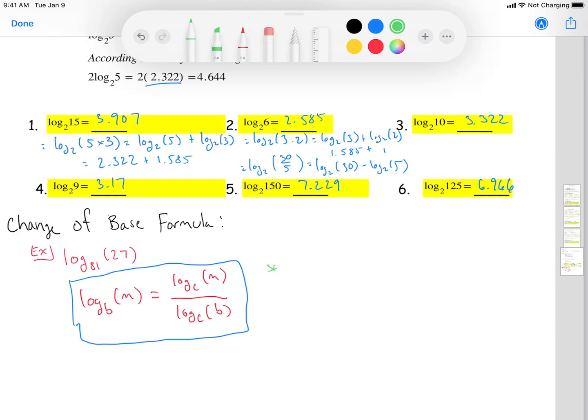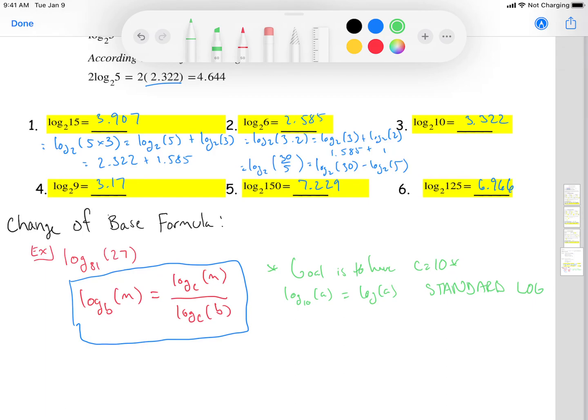So our goal here is to have c equal 10. And the reason why is that log base 10 of a is just equal to our standard log of a, which our calculator can actually calculate. Okay? This is our standard log.